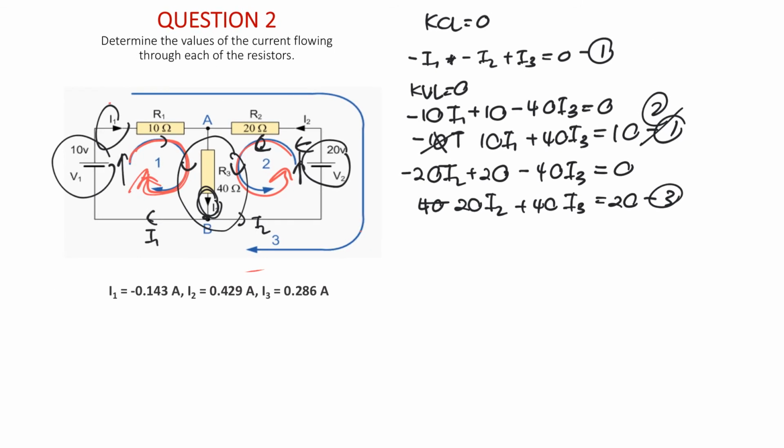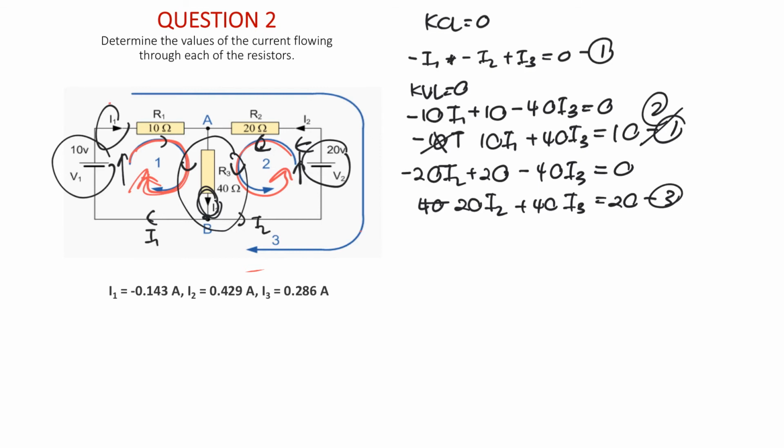Now I'm going to use my first equation, which I get from Kirchhoff current law, for me to find the unknowns. Right now you can see that you have I3, which is basically the same in equation 2 and equation 3, but the I1 and I2 are different.